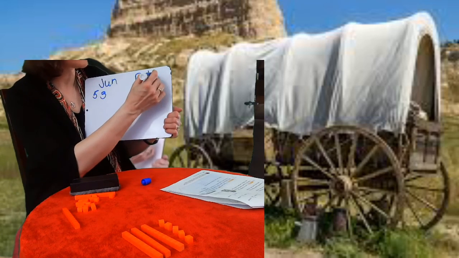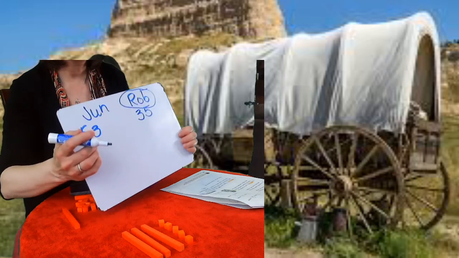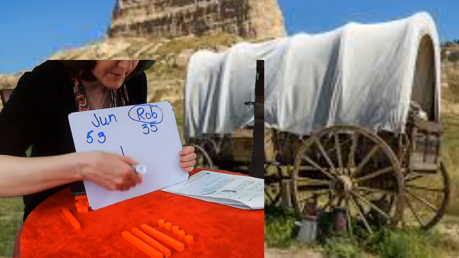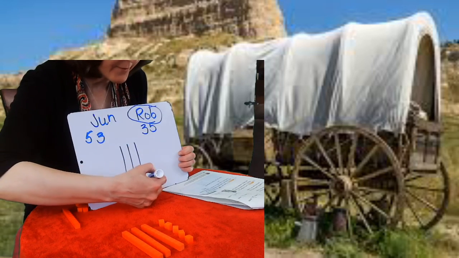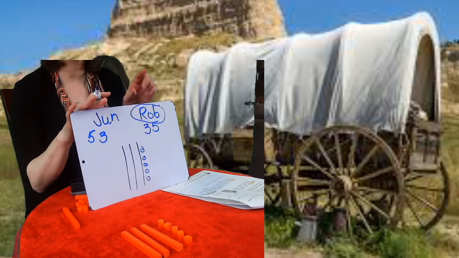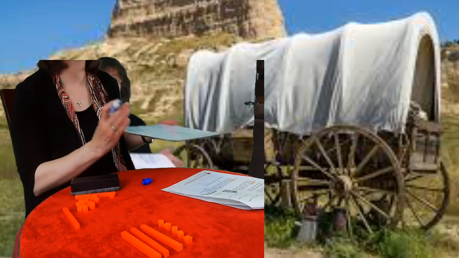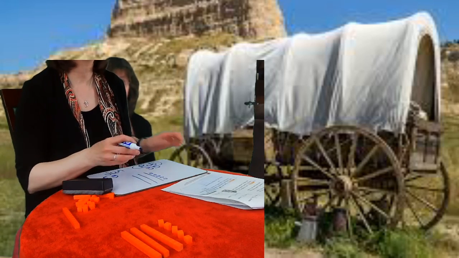Rob is correct. We would circle Rob's name, but then we have to do a quick picture. And remember, 3 tens would be 3 sticks, and 5 ones would be 5 counters. And so Rob would have the correct answer. Good job on lesson 6.6 today.